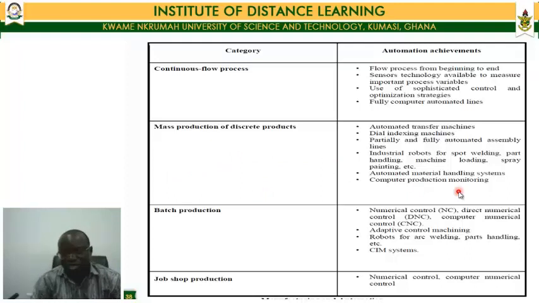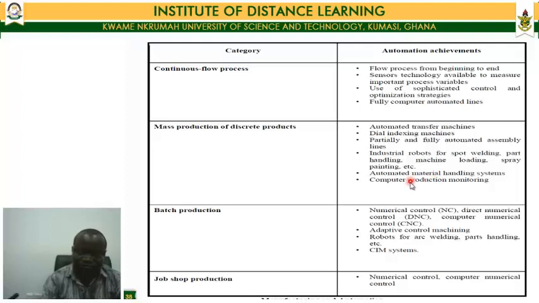Now, in mass production of discrete products, what you have is automated transfer machines. You could have dial indexing machines, and it ranges from partially to fully automated assembly lines. You take a car model, for instance, each model may be on a different assembly line, and with the use of industrial robots, they are used in spot welding of the parts, parts handling, machine loading, and even in spray painting.